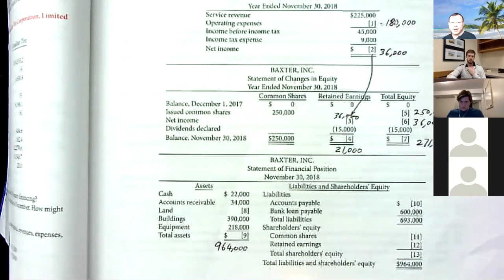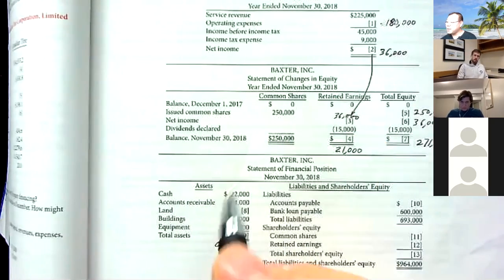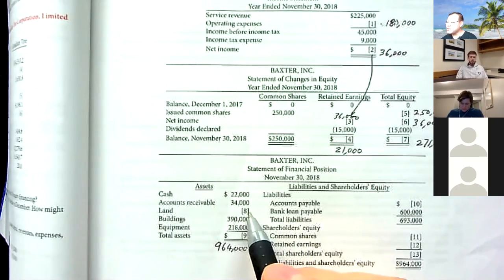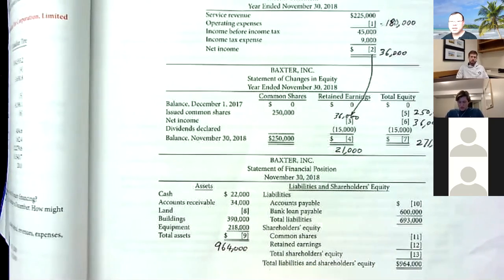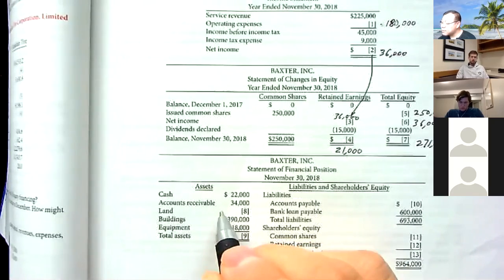So now it's easy, right? Now you just solve number eight. You just work backward. Did anyone have a number for number eight? Is it 300,000? I'm not sure. I'm just wondering if that's what everyone got.